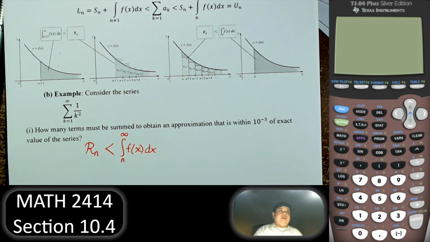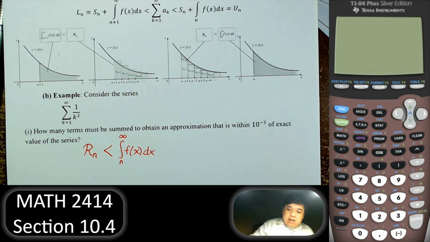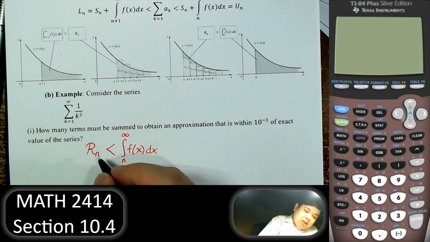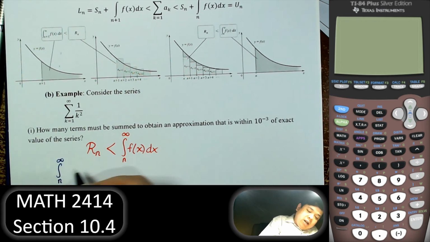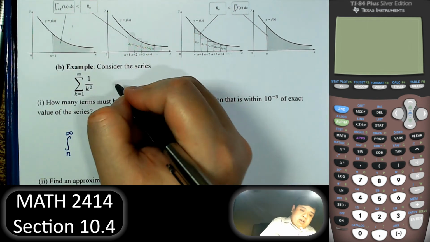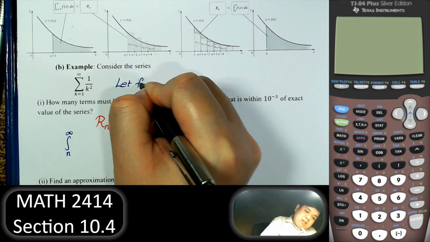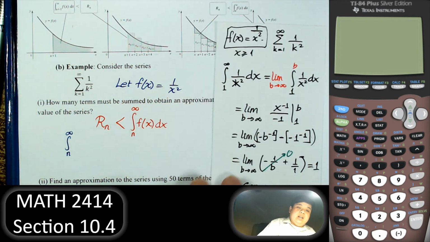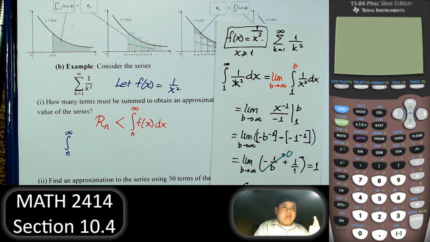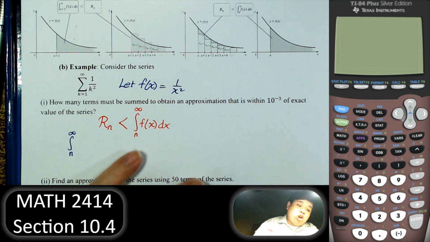from n to infinity. Don't know what n is yet, but in that case we would write the integral from n to infinity of f of x, where f of x is 1 over x squared, and we did show that earlier. Continuous, positive, and decreasing, all three are checked.